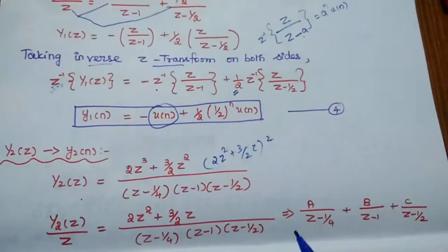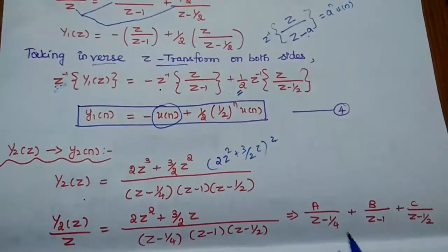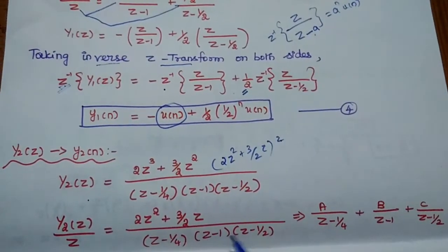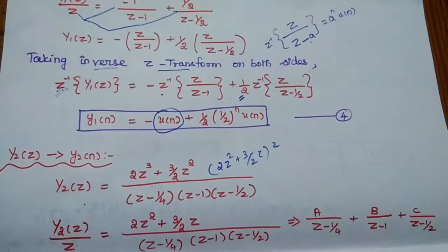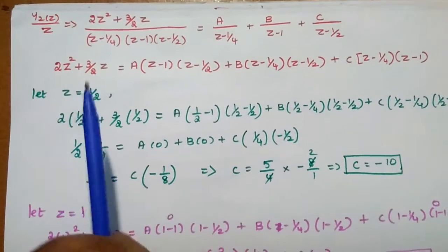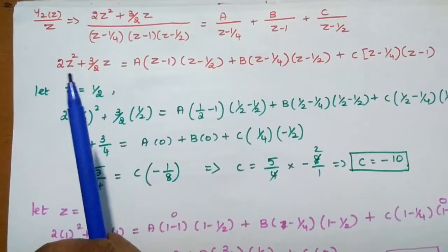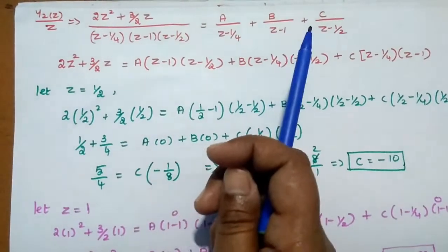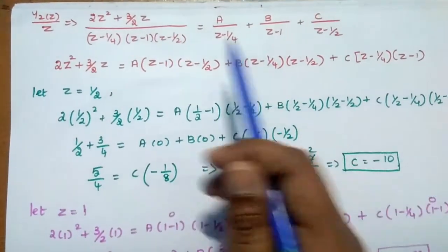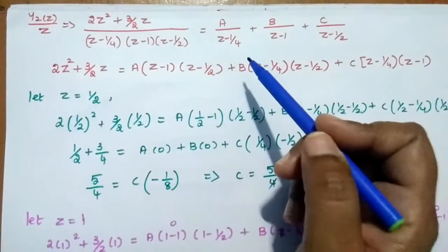Divided by this, again we are going to use the partial fraction method. So a by (z minus 1/4) plus b by (z minus 1) plus c by (z minus 1/2). So y2 of z by z is equal to a by plus b by plus c by, like this. Again we are going to take the LCM and equate the numerator alone.